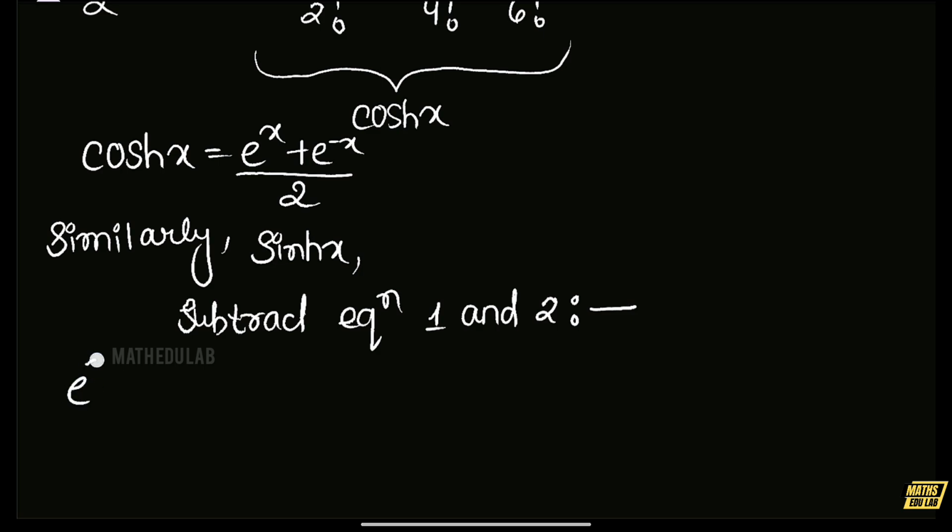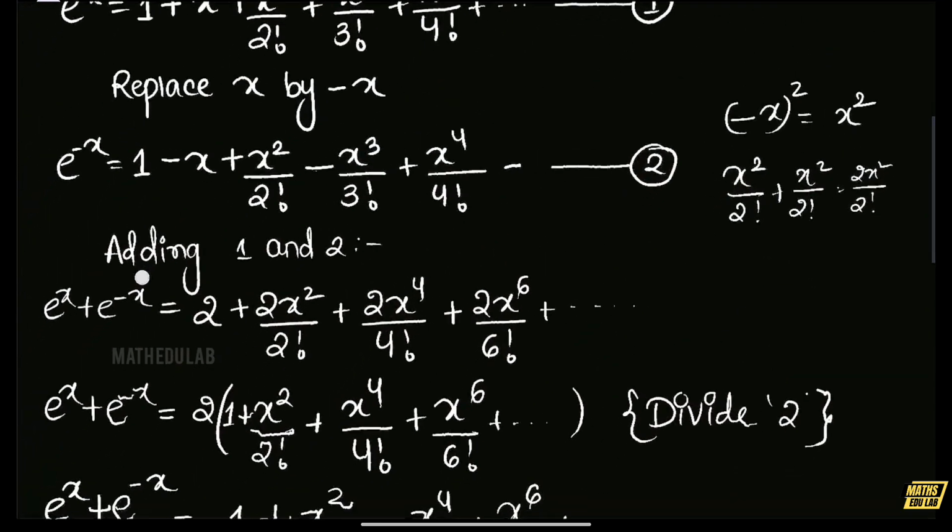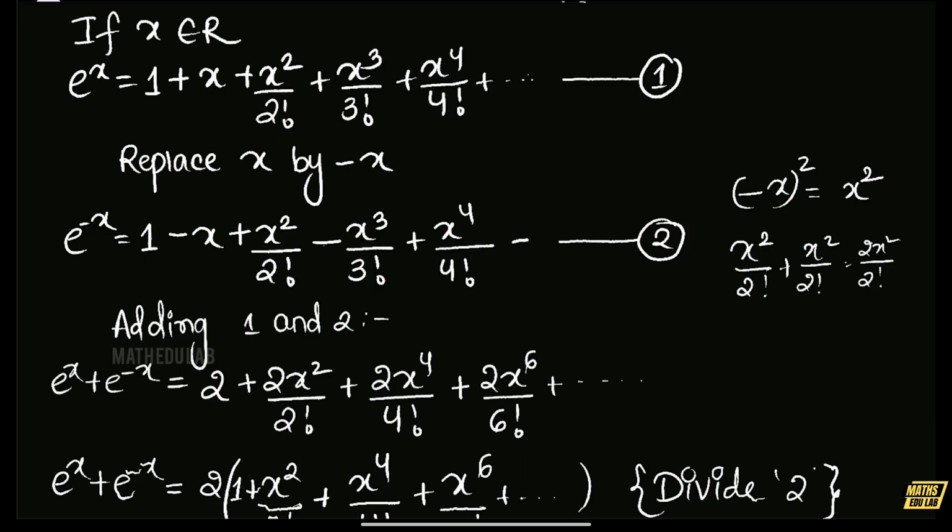On subtracting these two equations, we will get e to the power of x minus e to the power of minus x, which is equal to, if you see here, 1 plus 1 is 2, but we are doing the subtraction, so 1 minus 1 is 0. Then x minus of minus x will be 2x. Similarly, x square by 2 factorial minus x square by 2 factorial is 0.